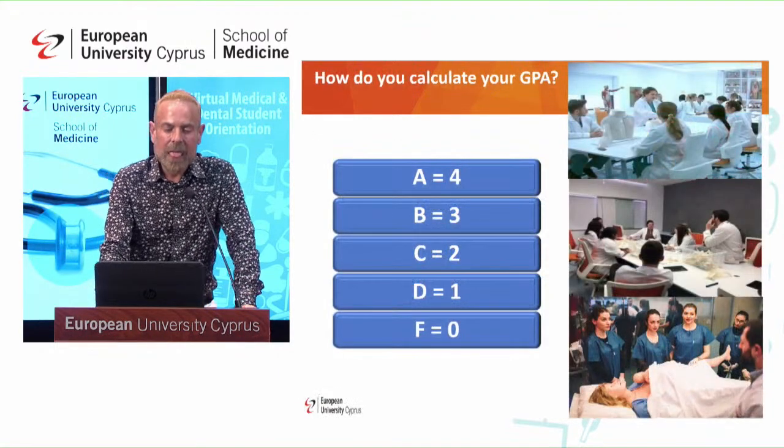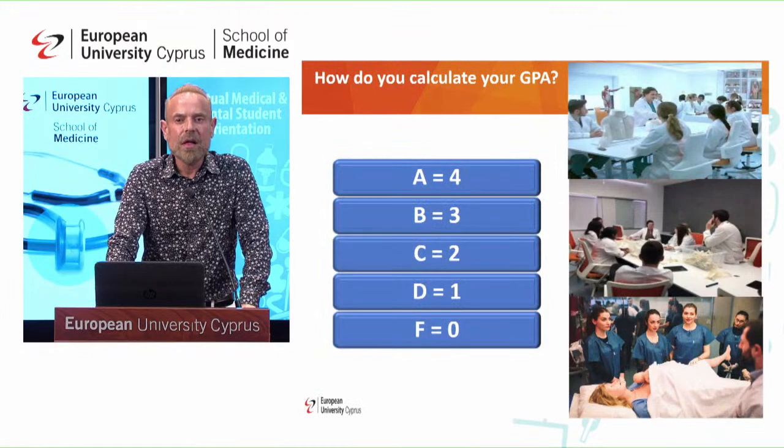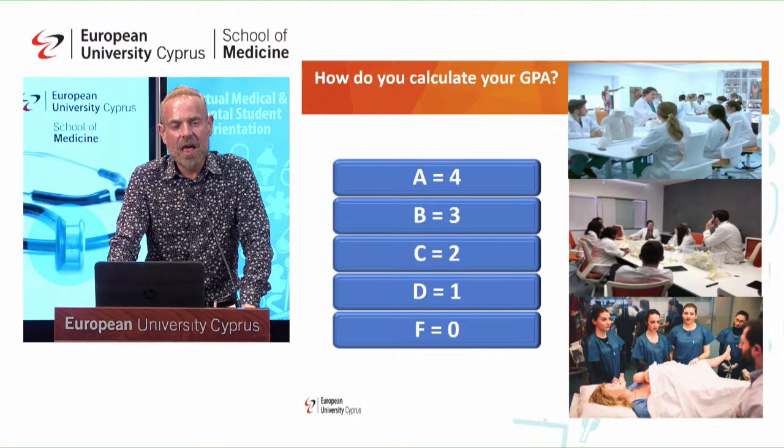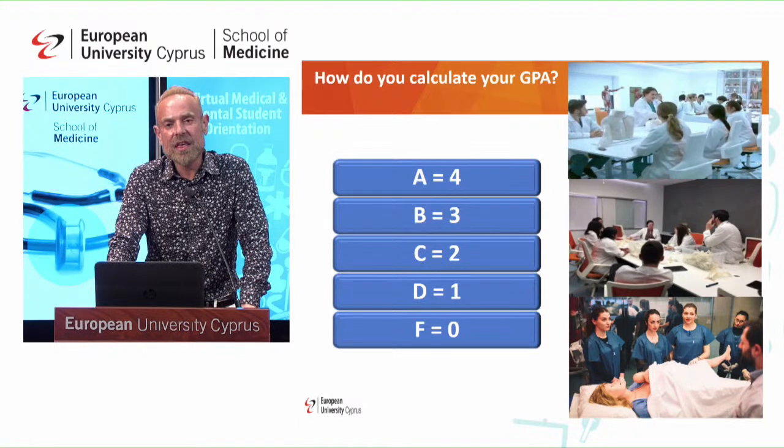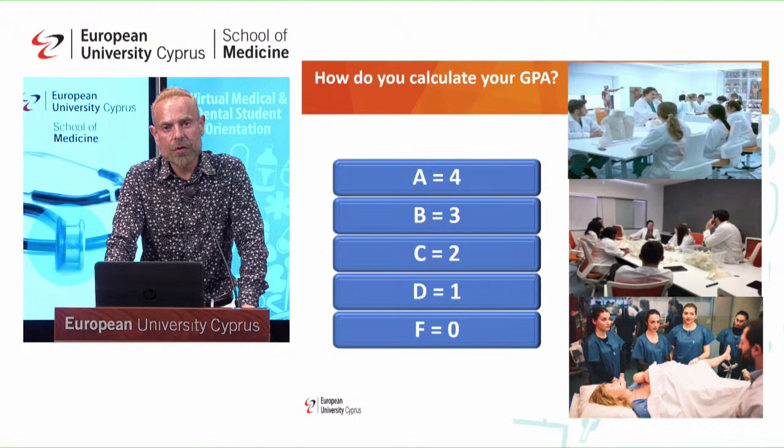So, if, for example, you have 5 classes in one semester, and in all of your 5 classes you receive 5 A's, your GPA for the year will be 4. If you receive 5 B's, your GPA will be 3. If you receive 5 C's, your GPA will be 2, and so forth.